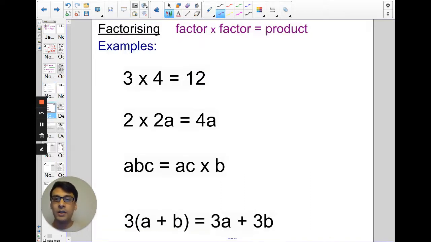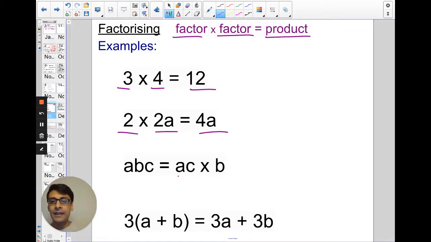All right, so just a quick recap on language here. When we have two factors that are multiplied together, they equal a product. A product is just when you multiply two things together. So for example, 3 times 4 is 12, 2 times 2A is 4A, AC times B will give you ABC, and 3 lots of A plus B is the same as 3A plus 3B.